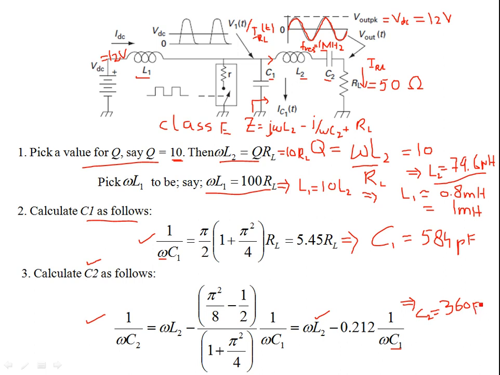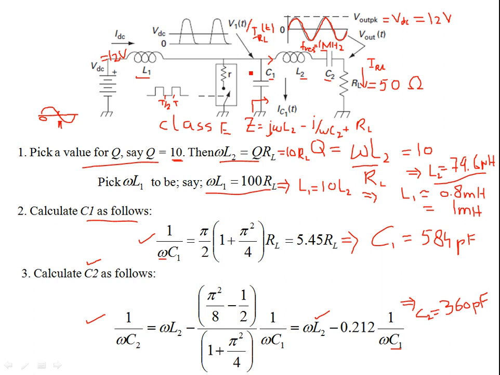The other way of calculating C2 could be this. If you recall, we had some design constraints: a 50% duty cycle, and we assumed a sinusoidal case. If you have a sinusoidal input waveform, at pi the switch closes, and at 0 the switch is open.